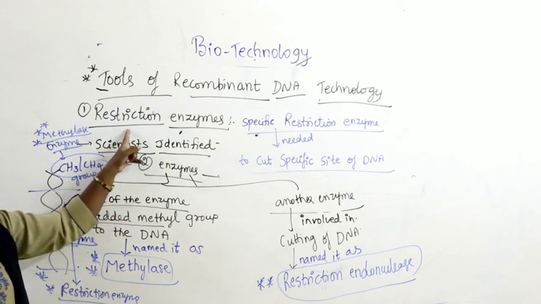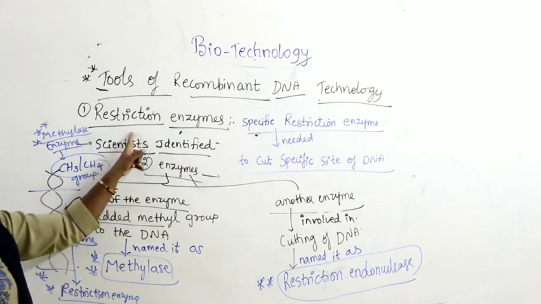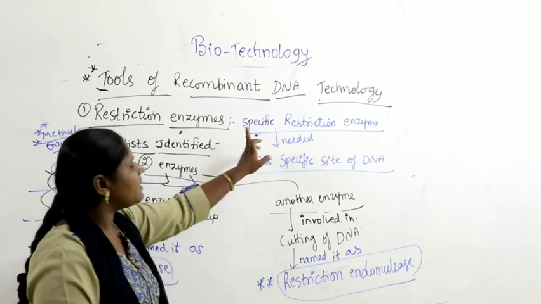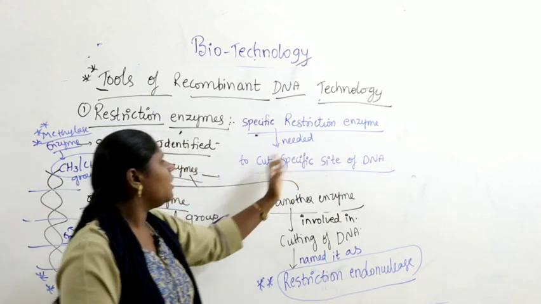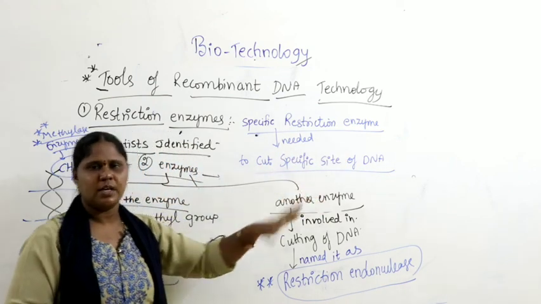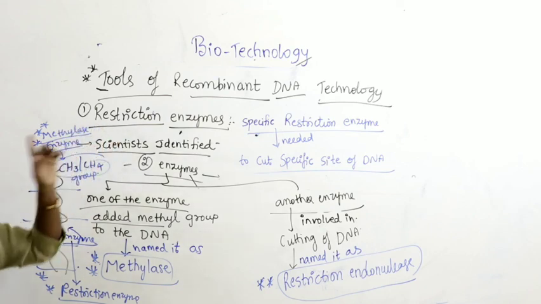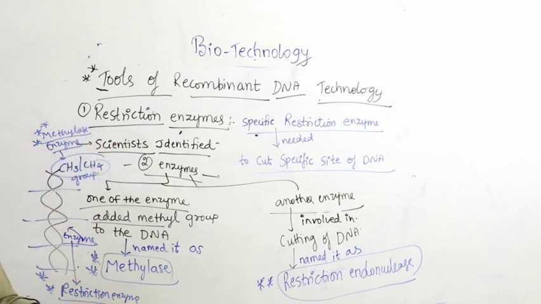Let us start our discussion with the foremost requirement, restriction enzymes. A specific restriction enzyme is needed to cut a specific site of DNA. One enzyme we cannot apply for all; every fragment of DNA has a specific site to cut it.